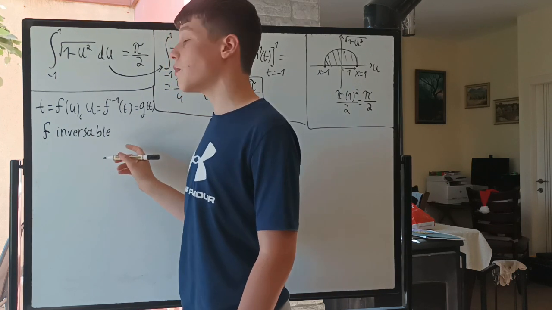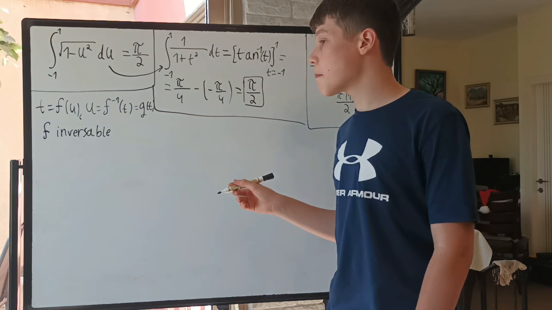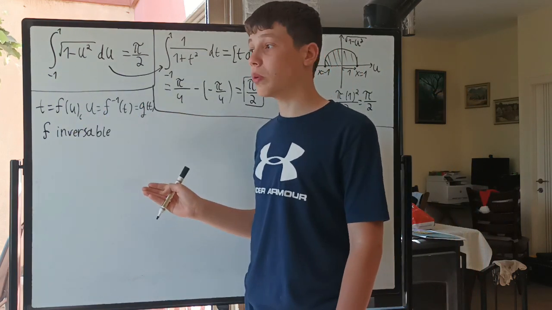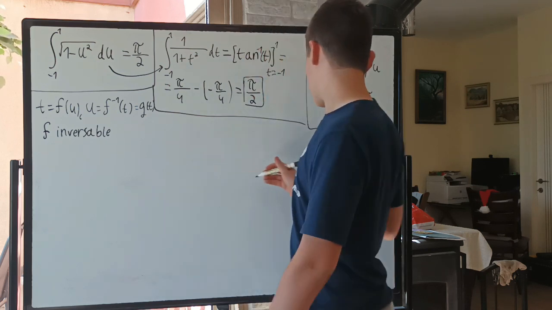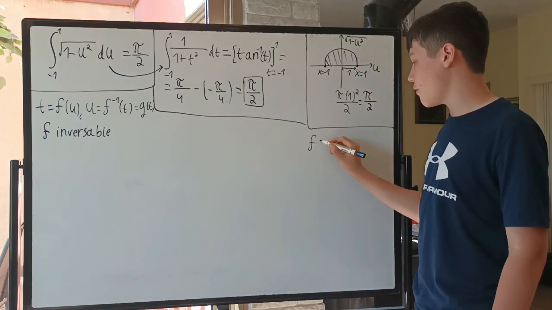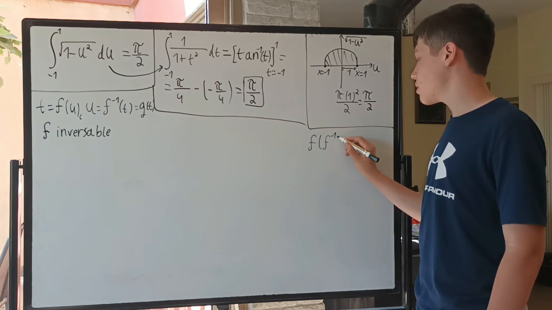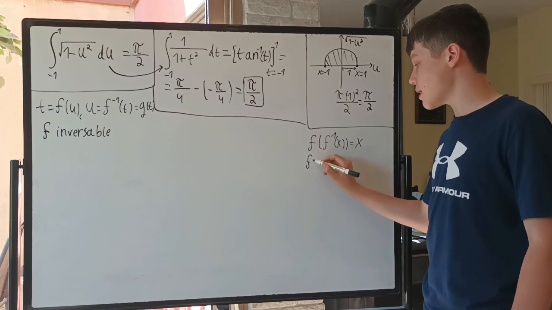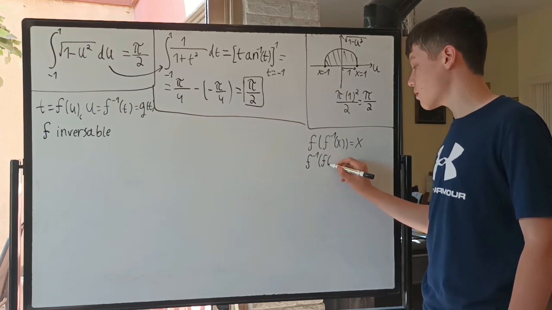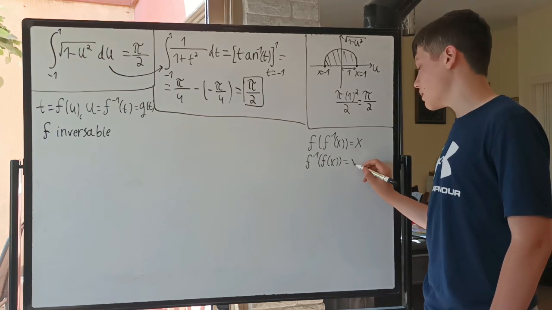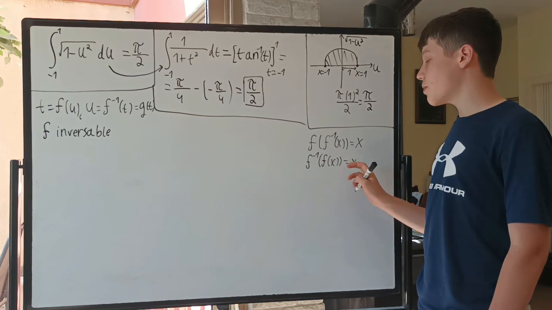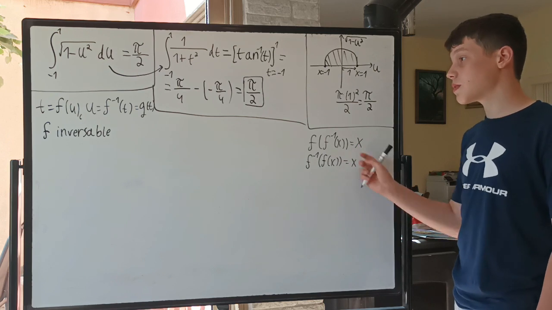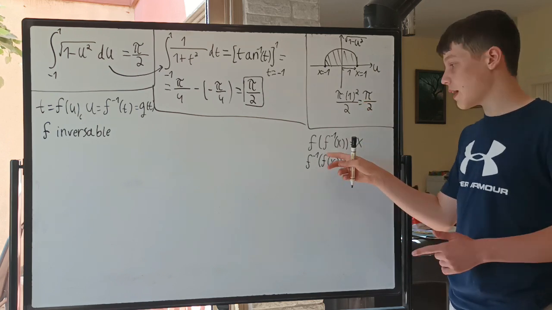That is, there is some function which, after doing f and then this function, will yield the exact same result. So f of f inverse of x will yield x, and f inverse of f will also yield x.